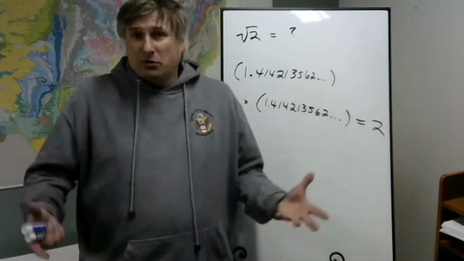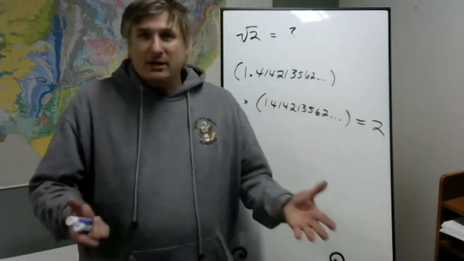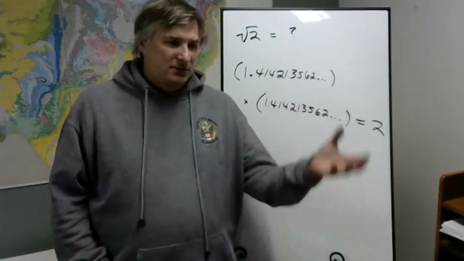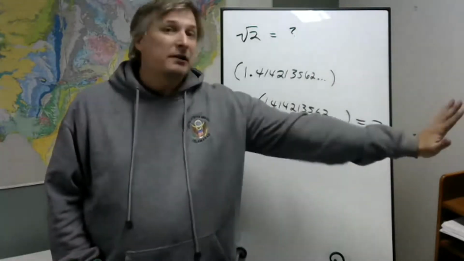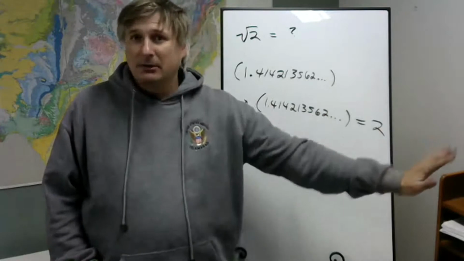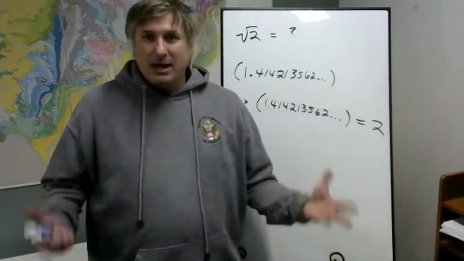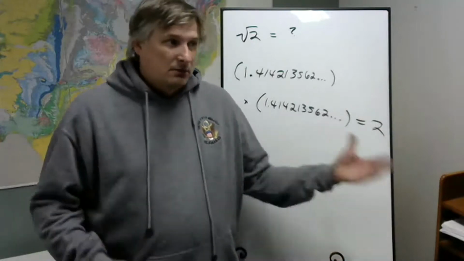For example, 2/3, 2 divided by 3. Well, that's a fraction. But if you represent it as a decimal, it's 0.6666666 on and on forever. It doesn't stop. So just because you go on forever does not mean you're irrational. In other words, there's no way of representing you as a fraction.